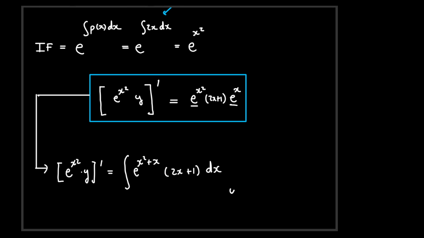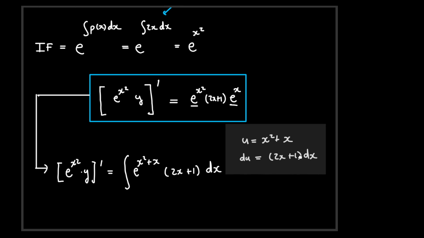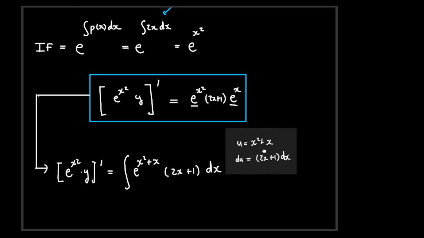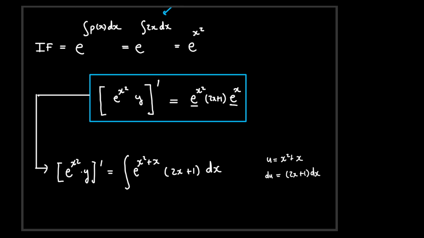And that's true because we take u equal to x squared plus x, then du will be equal to 2x plus 1 dx. And so this entire integral can be simplified a bit further into the integral of e to the u du, which is just equal to e to the u plus c, which is equal to e to the x squared plus x.